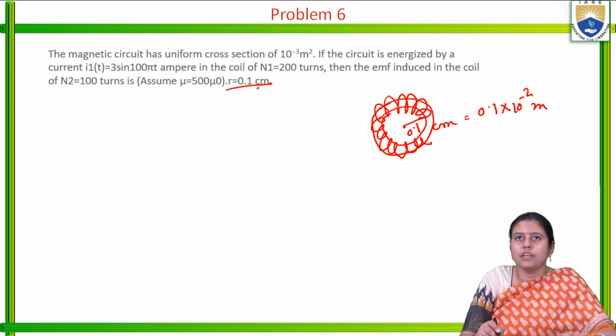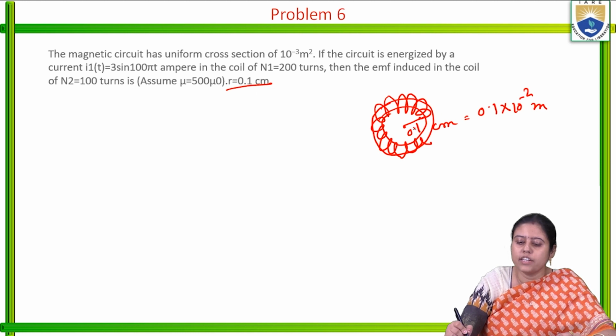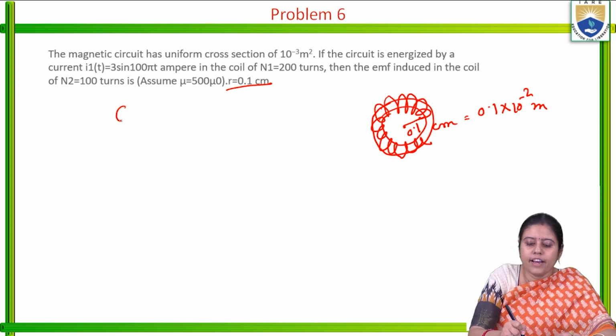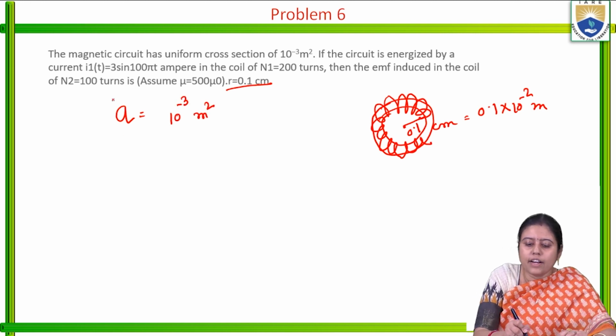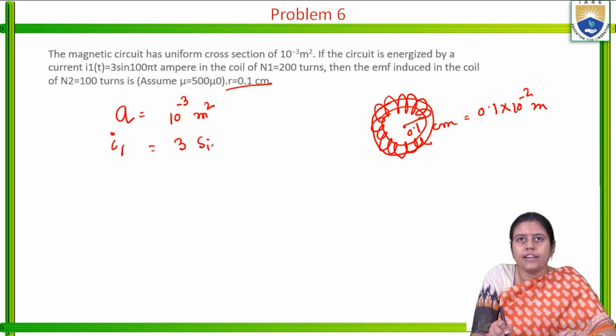So R value is given as 0.1 meter. What is the cross-sectional area? The cross-sectional area A is 10 to the power minus 3 meter square. The current I1 is given as 3 sine 100 pi t.